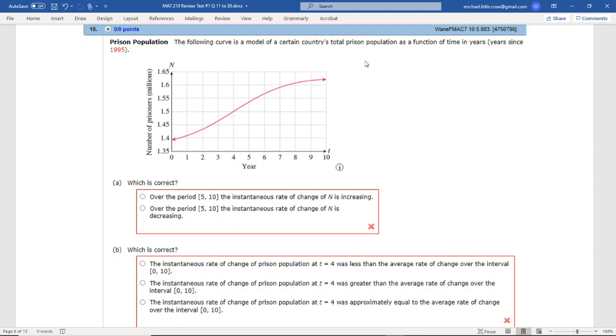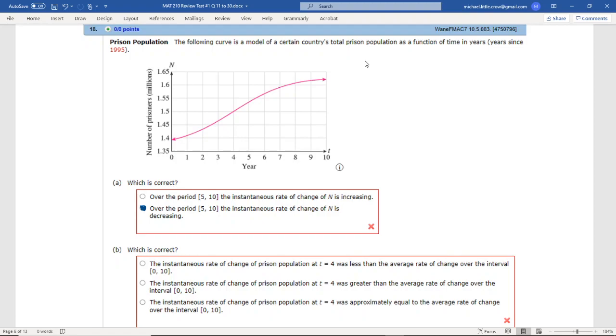Looking at all the tangent lines we could draw between 5 and 10, they're going to decrease. The number of persons in prison is increasing, however the rate of change is actually decreasing.